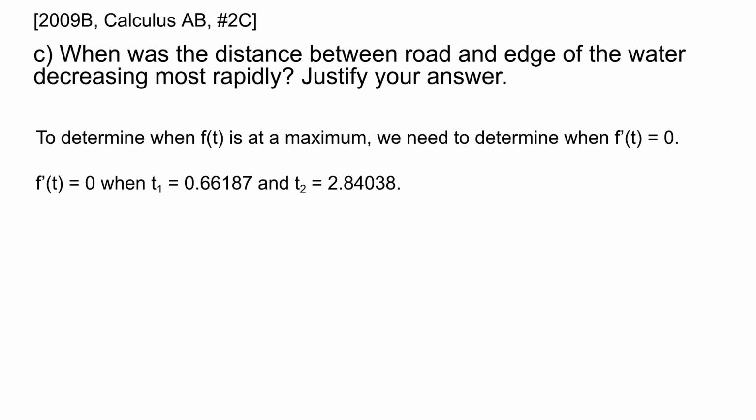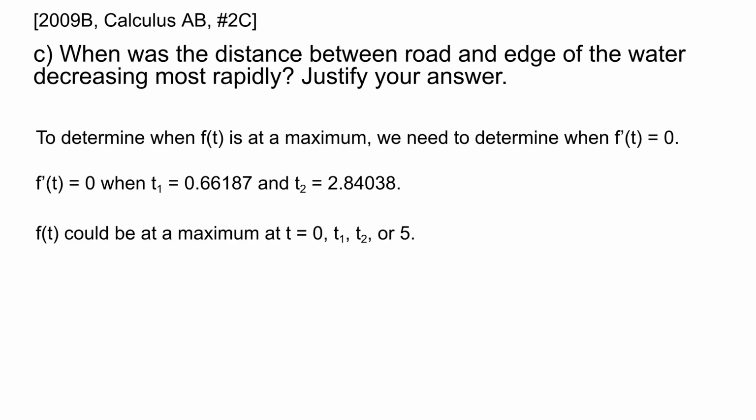Using a calculator to do this, we find that f prime of t is equal to 0 when t is equal to 0.66187 and 2.84038. Notice that I've named them with abbreviations T1 and T2. That will make it easier to refer to them later on in the solution to this problem. It's actually a really good idea when you're actually working on FRQs.